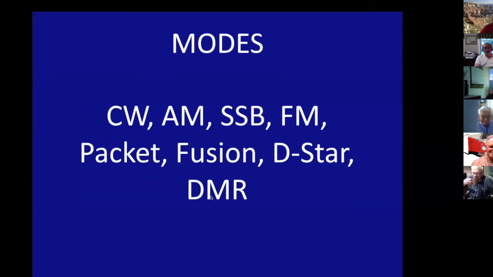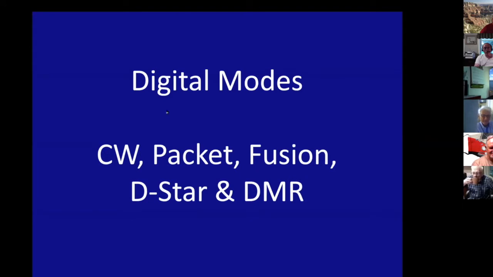We'll go back to that, but I don't think that's going to work. So we add DMR to the various modes, and the digital modes include CW. The oldest and earliest was the first digital. And in addition to the CW, back in the, I guess, early mid 80s, we added packet radio, and we all had our, I think it was like a PS 123 or something, and that was the most awesome thing.